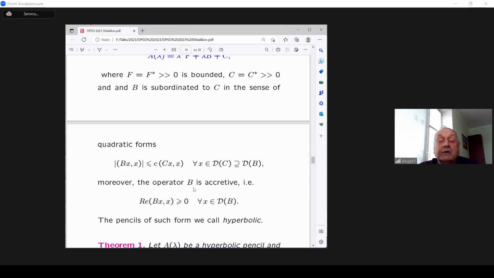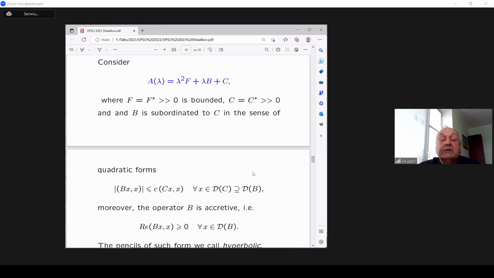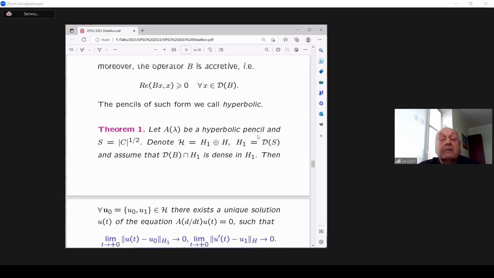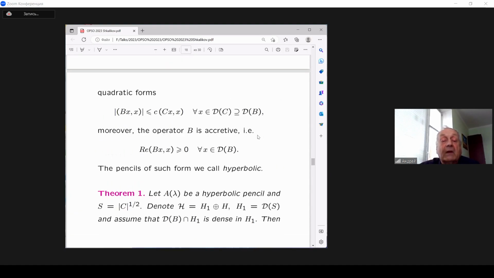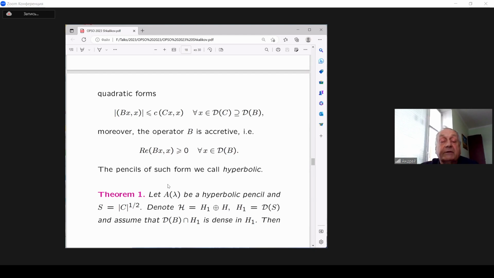Moreover, we assume that B is accretive. It means that this condition does hold. C is an unbounded operator. And theorem 2, excuse me, I missed this printing error.